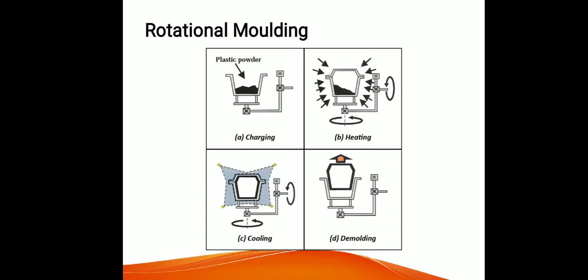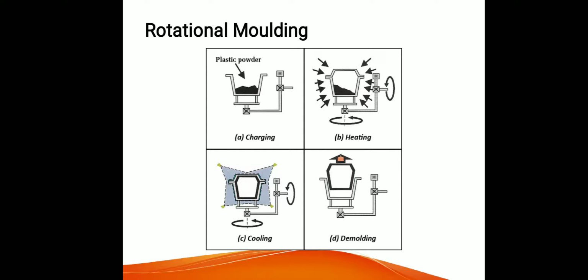Rotational molding uses gravity inside a rotating mold to achieve a hollow form, and so it is called rotomolding. Rotational molding is an alternative to the blow molding process. It can make very large or hollow components.